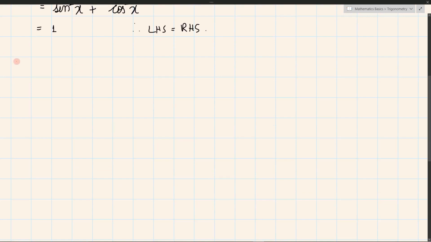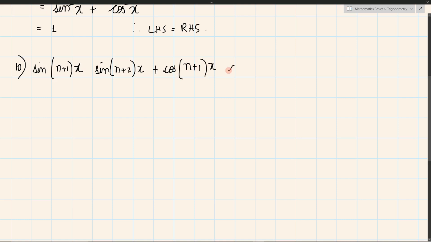Question number 10. So this is given as sine of n plus 1 x into sine of n plus 2 x plus cos of n plus 1 x and cos of n plus 2 x.